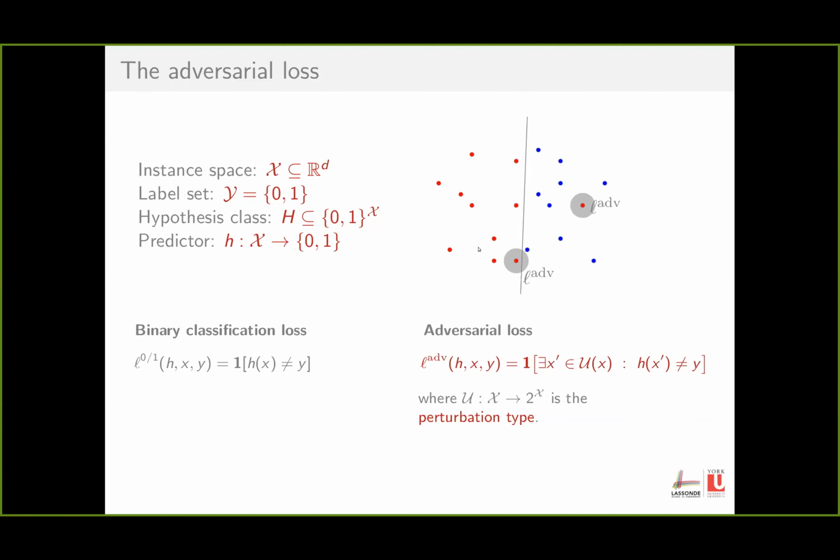The adversarial loss also still penalizes misclassifications. So we assign adversarial loss both if there's a misclassification and if we're close to the decision boundary, meaning if a point falls into the margin area of the classifier.